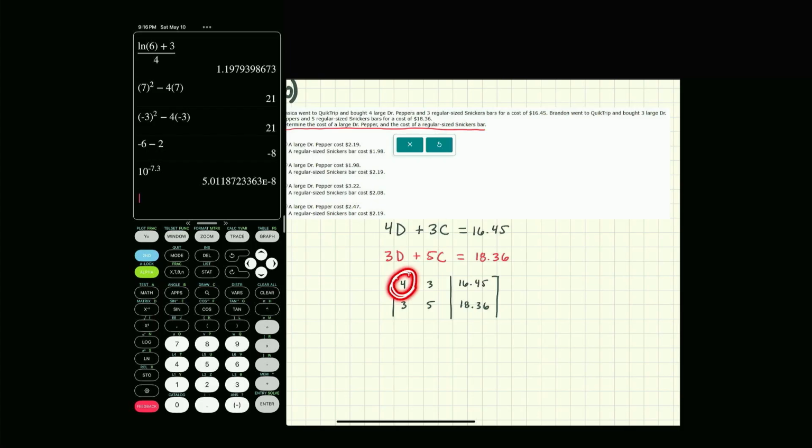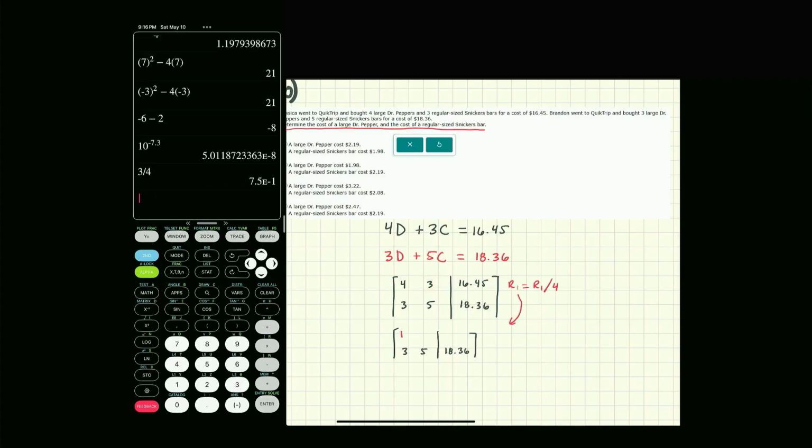So in this case, we're going to divide row 1, which is this row, by 4. Row 1 equals row 1 divided by 4. So what does that do? Well, it didn't change row 2, but it did change row 1. 4 divided by 4 is 1. 3 divided by 4, let's go to our calculator.